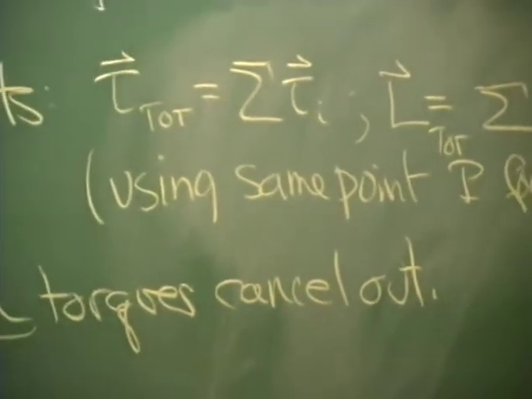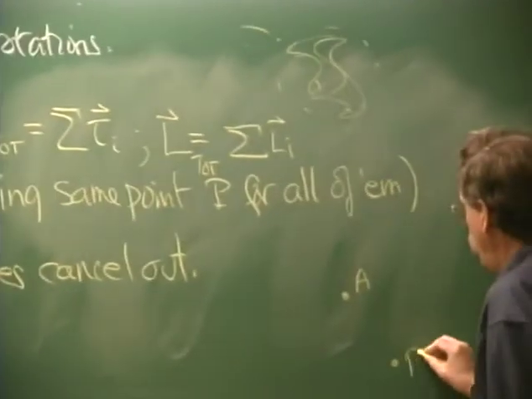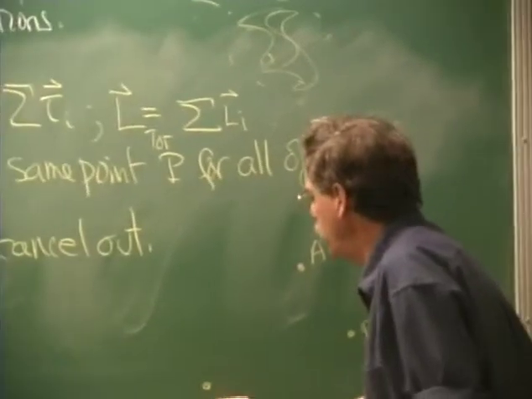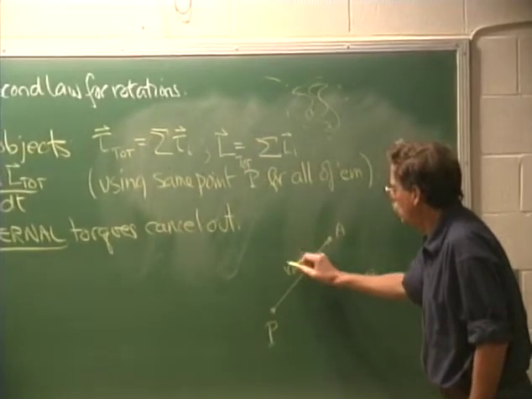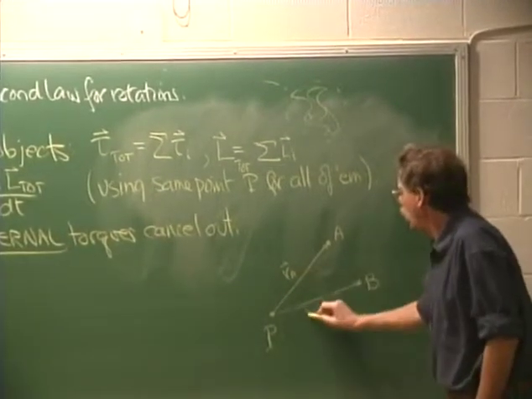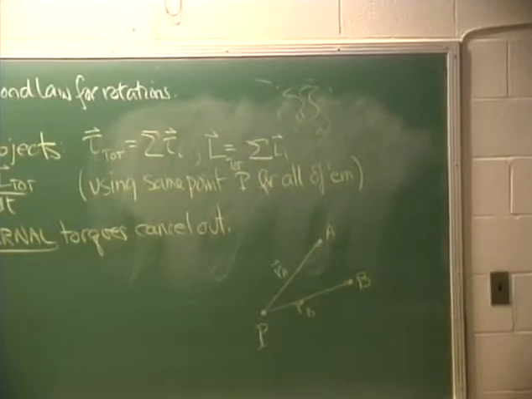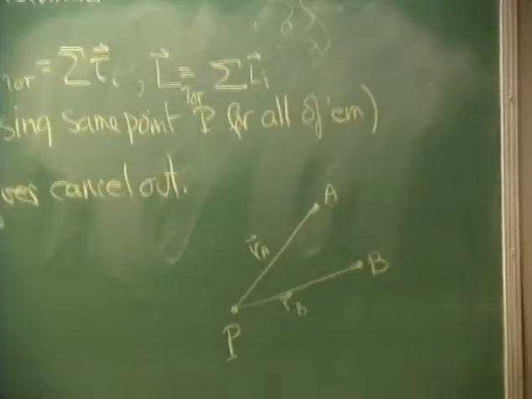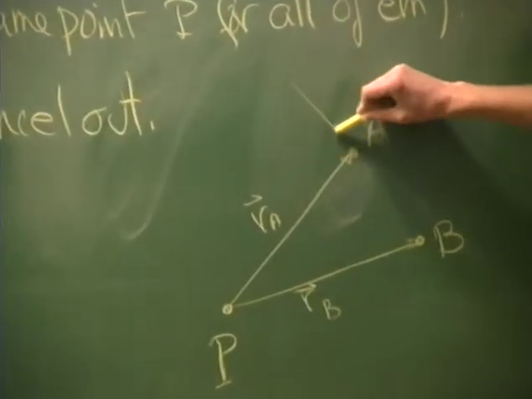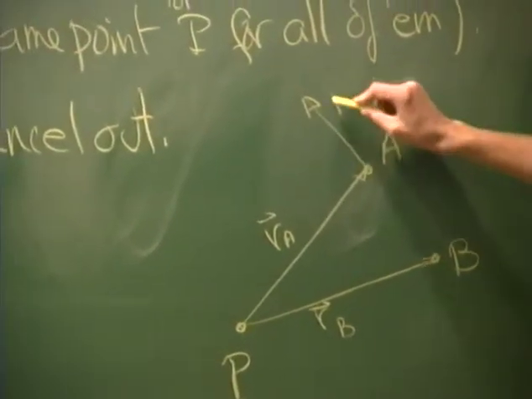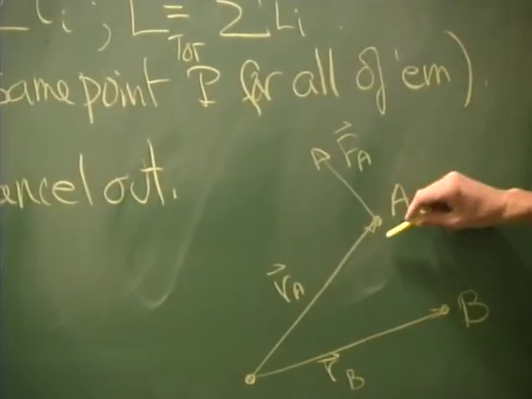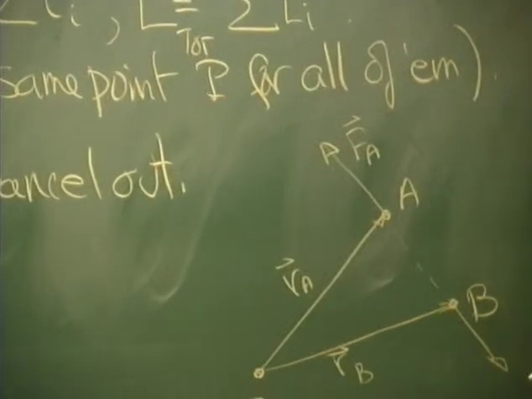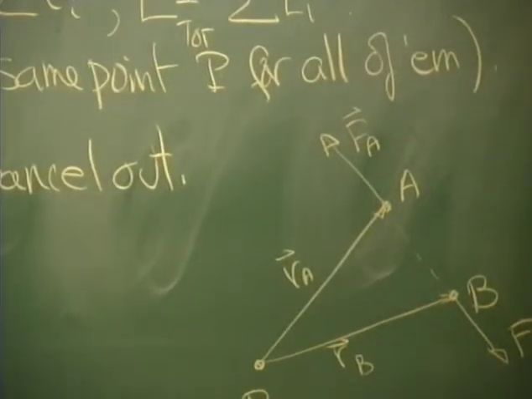Well, let's think about two particles in there, particle A and particle B. And here's the reference point P. Here's r_A, the vector out to A, and r_B, the vector out to B. Now, imagine the forces: the force on A due to B, and the force on B due to A.